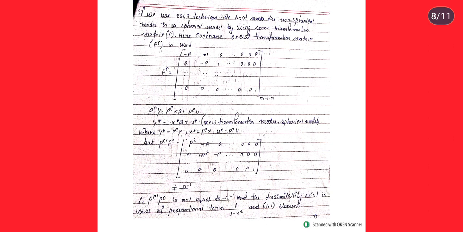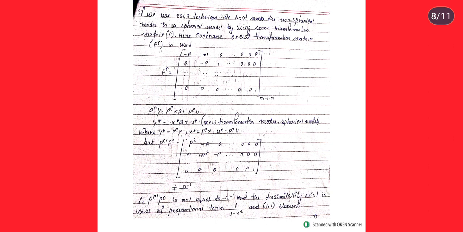So here the Cochrane-Orcutt transformation matrix, that is rho c, is equal to minus rho, 1, the other terms are 0; 0, minus rho, 1, the other columns are 0; and in the last row the first three columns are 0, and the last three columns are 0, minus rho and 1. It is an (n minus 1) cross n matrix.